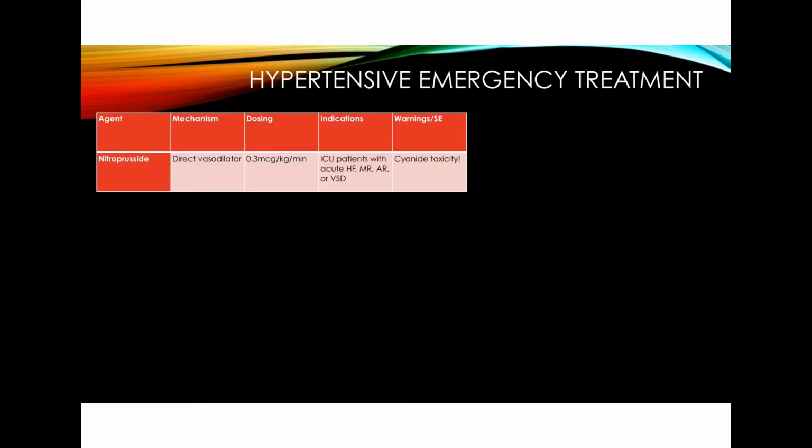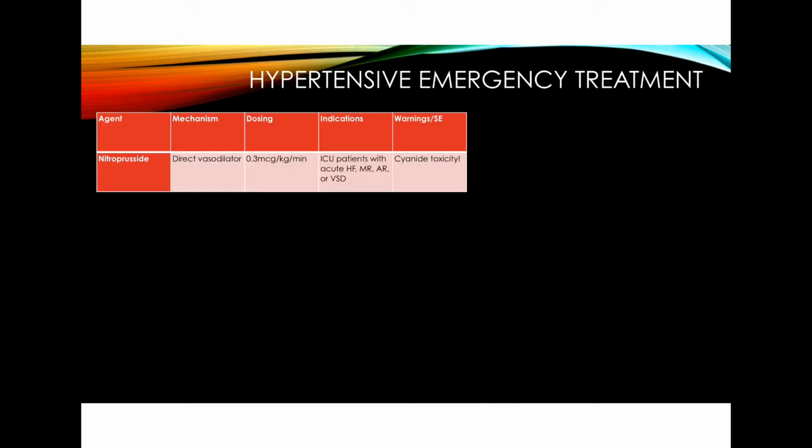Nitroprusside is a direct arterial vasodilator. It's preferred to be used in ICU patients, particularly with cardiac conditions such as acute heart failure, mitral regurgitation, aortic regurgitation, or a ventricular septal defect, as the reduction in cardiac afterload does decrease the workload on the heart and help direct increased forward flow through the aortic valve.